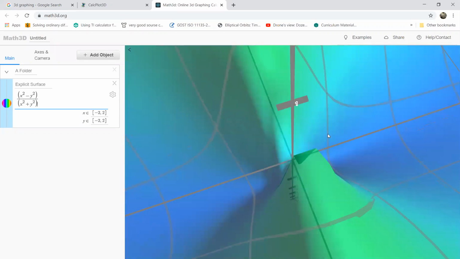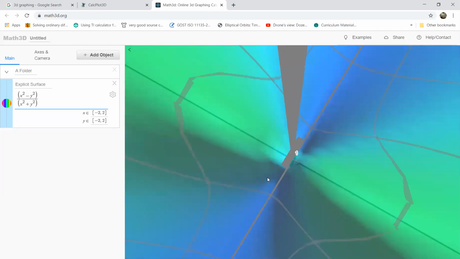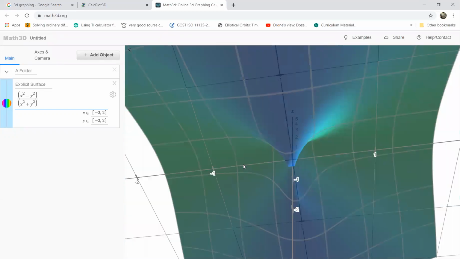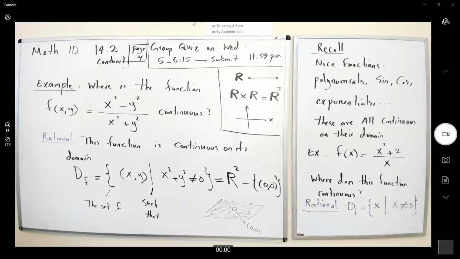So we have to exclude 0 and 0. This is the graph of the function that we saw before. Well, here's a question.